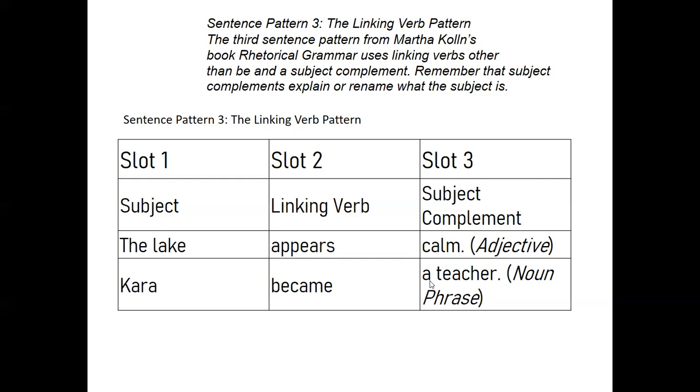For example, linking verbs are something like taste, smell, feel, sound, or look. And other common linking verbs include become, remain, seem, appear, prove.